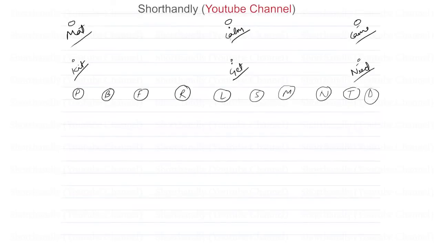Alright, so first of all, we will be making these characters: P, B, F, R, L, S, M, N, T, and D. Then we will see how to make some words in past tense.